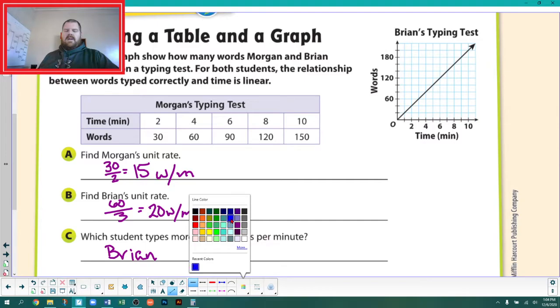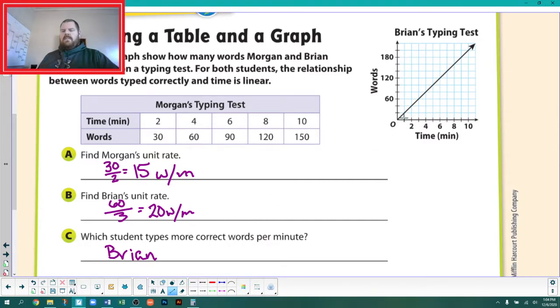So let's try to look at that. So 15 words in 1 minute, and that one's kind of tough to tell. I'm going to use the 4 minutes, I think. Yeah, because that's 60 words in 4 minutes.